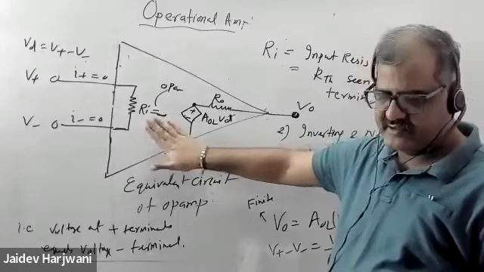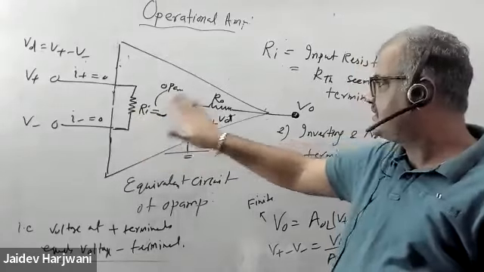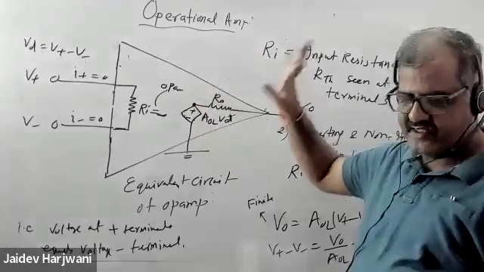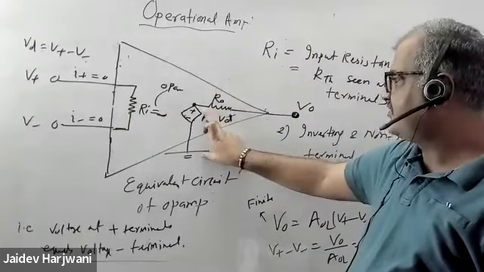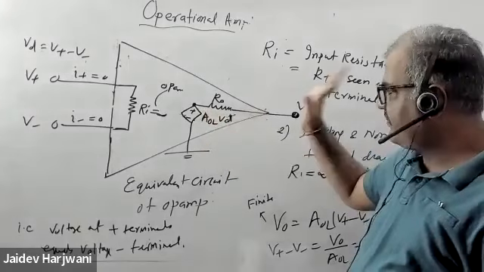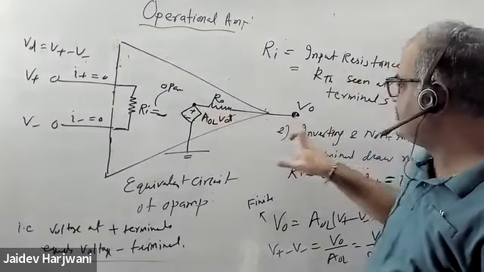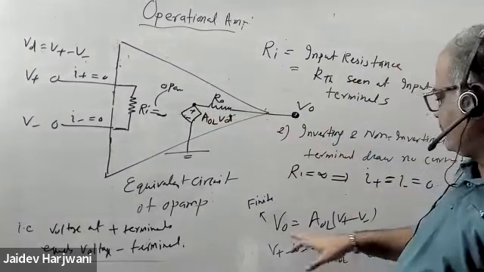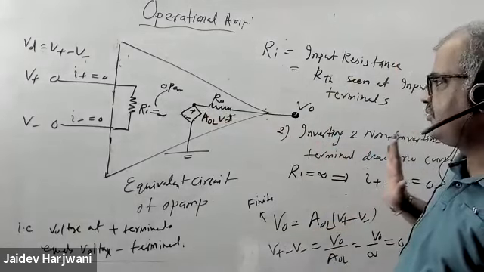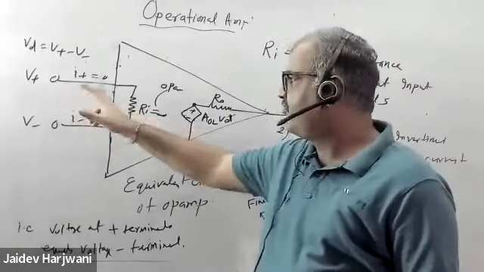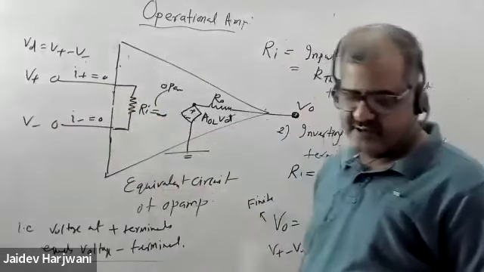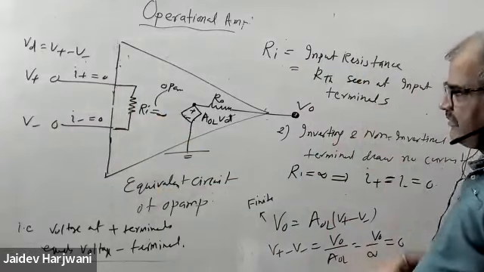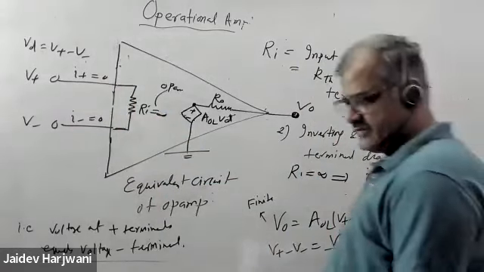This is your op amp. Here is the input impedance, here is the output impedance, and this is your voltage difference. Any difference you apply, you get amplification AOL times VD. If it is ideal, the output impedance becomes 0, so your V naught will be equal to AOL times (V plus minus V minus). And no current will flow from outside to inside, that means I plus and I minus are 0. So these are the two properties you have to remember while solving any problem.